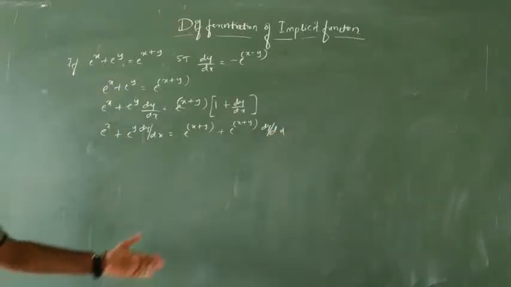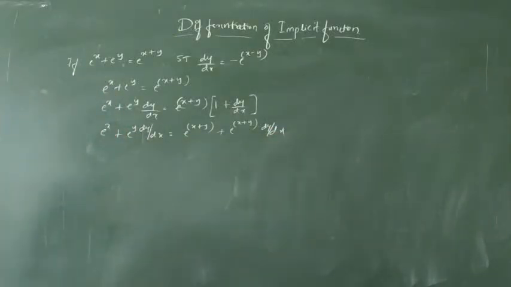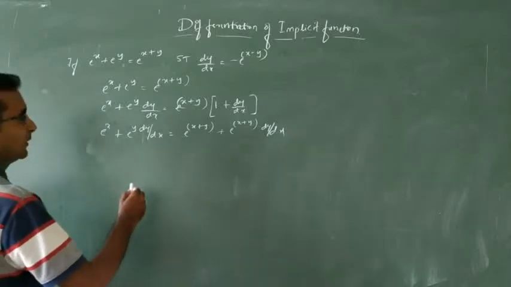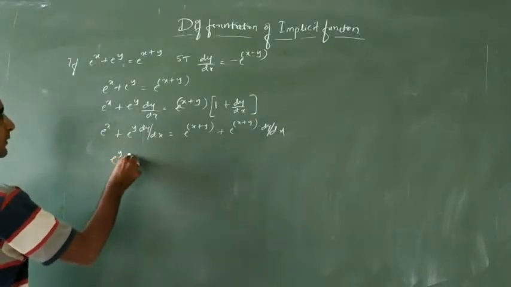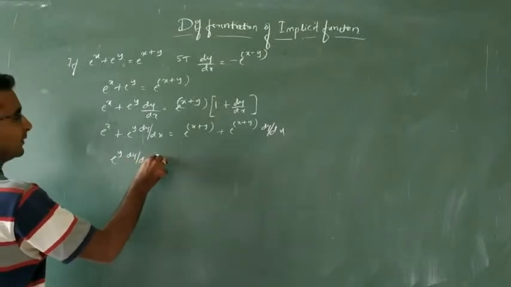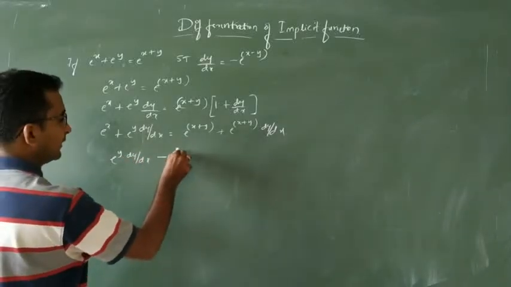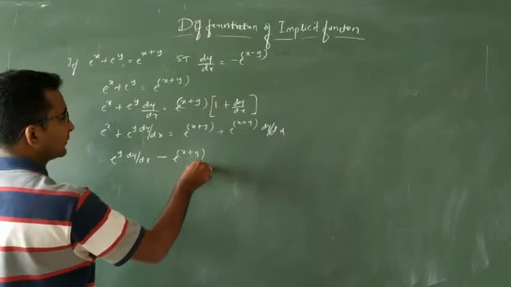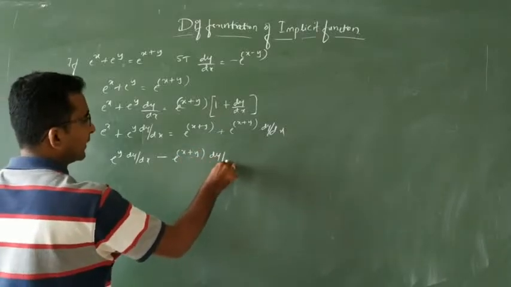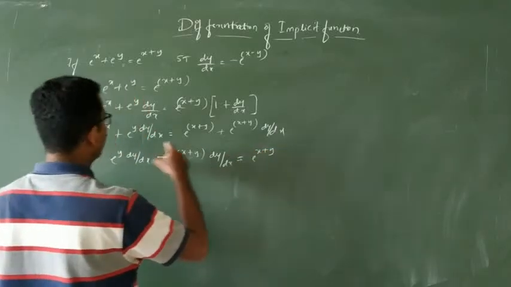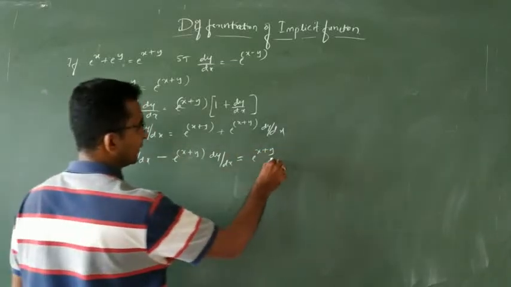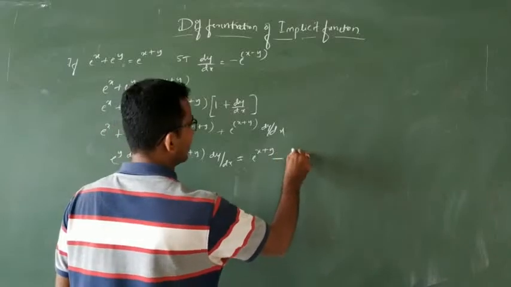So I am going to take the e raised to y dy by dx terms to the LHS side, then the others to the RHS. I keep the e raised to x plus y here on the RHS, and then I take this e raised to x to the RHS, which is minus of e raised to x.